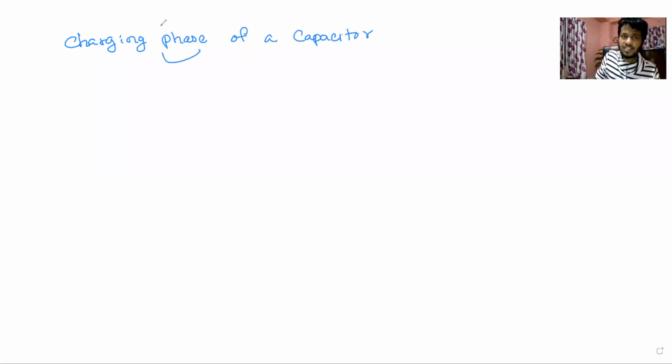So now we are going to study the charging phase of a capacitor, or you can call it a state, or we can simply call it charging of a capacitor.